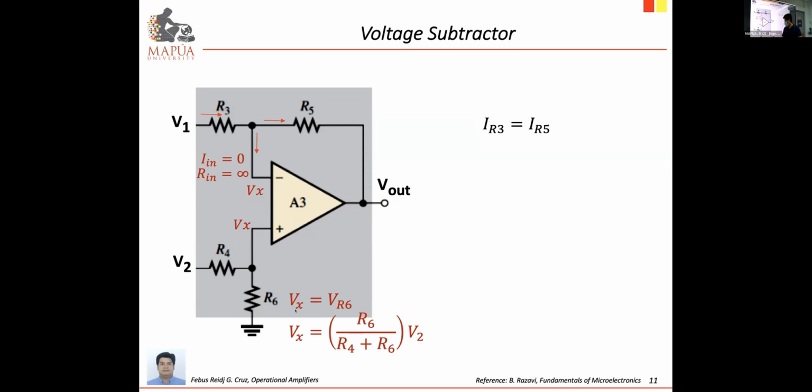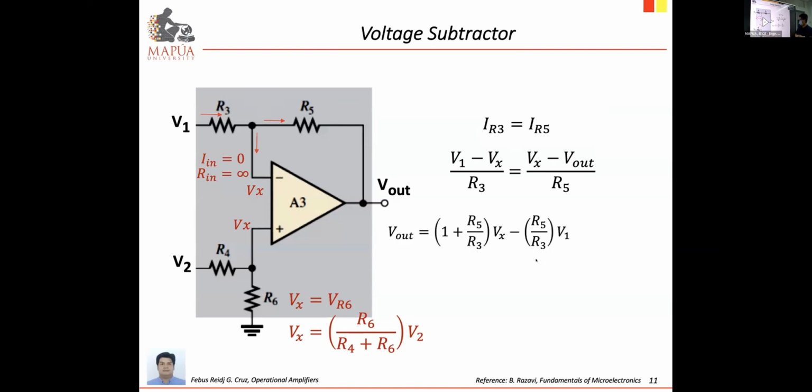So Vx in terms of voltage V2 equals resistance R6 divided by the total resistance of R4 and R6. Okay? So applying that on our equation, IR3 would now be V1 minus Vx over R3. Then IR5, Vx minus Vout over R5. And we can get the expression for Vout equal to Vx multiplied by 1 plus R5 over R3.